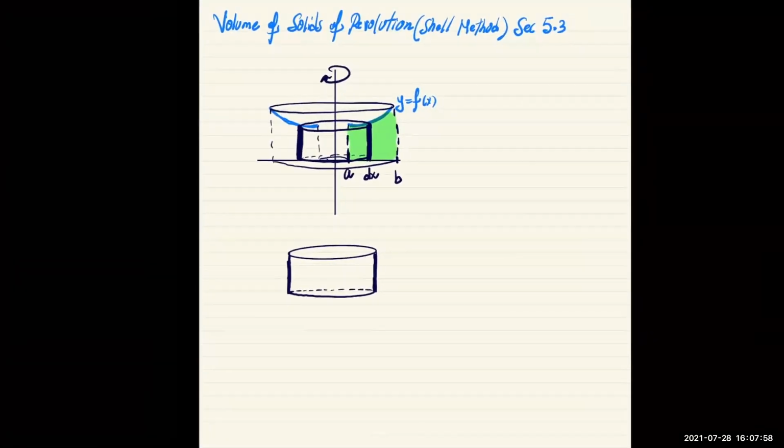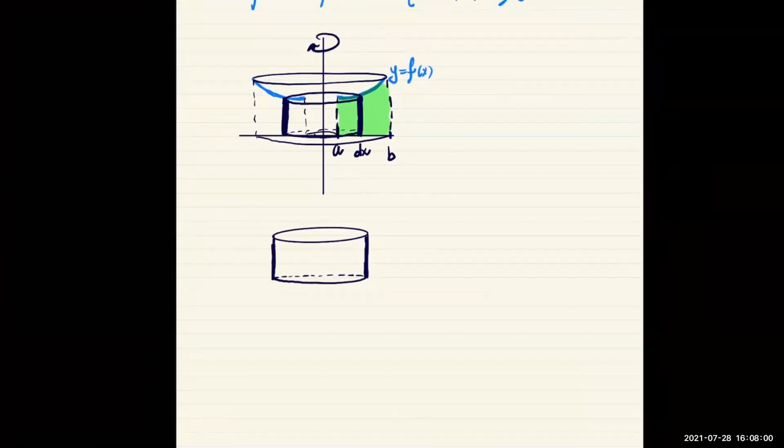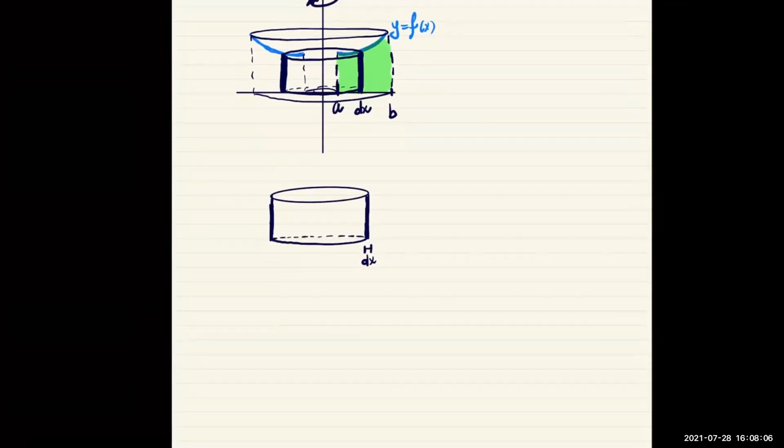All right, so that's our shell. I want to find a volume. This is dx. Now the volume of this shell depends on two things: its height and the radius.